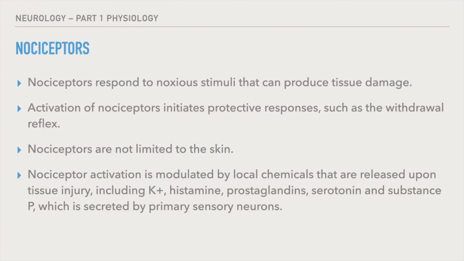The nociceptor activation is modulated by the local chemicals that are released when there is tissue injury. For example, potassium, histamine, the prostaglandins released from the damaged cells, serotonin released from platelets activated by the tissue damage, and substance P are all secreted by the tissues around where the tissue is being damaged, and these will activate the nociceptor.